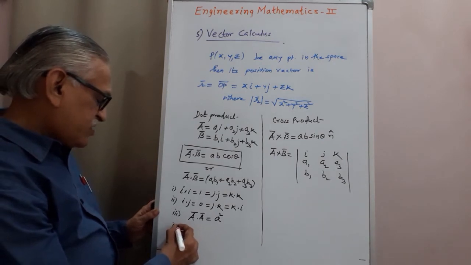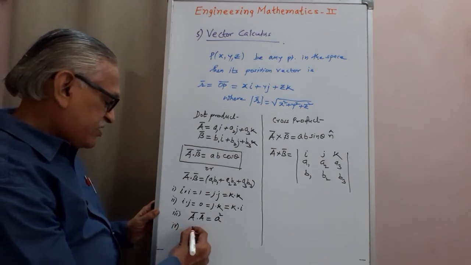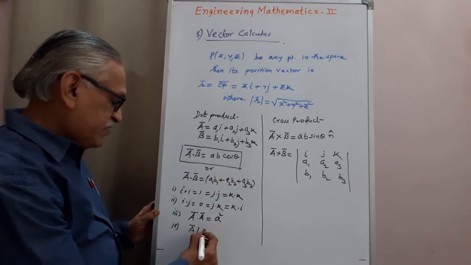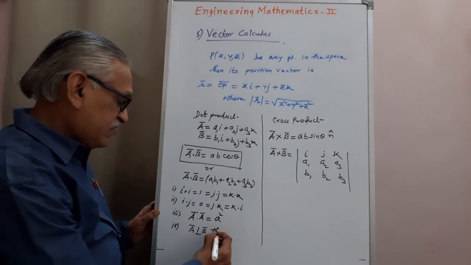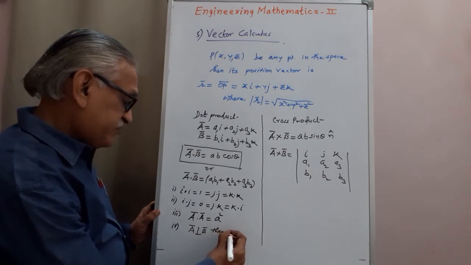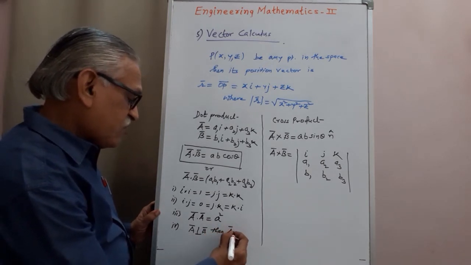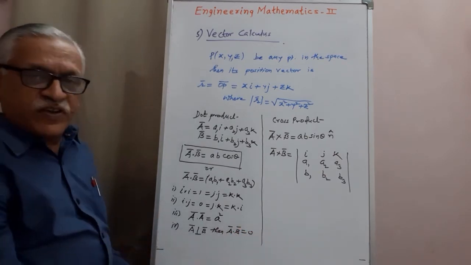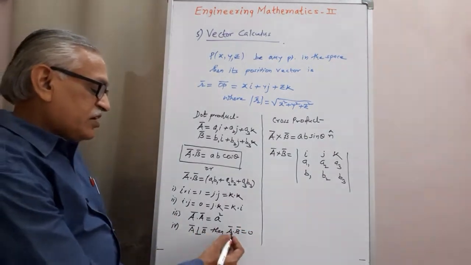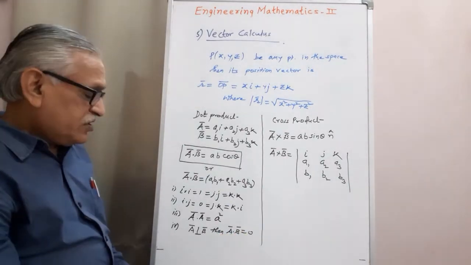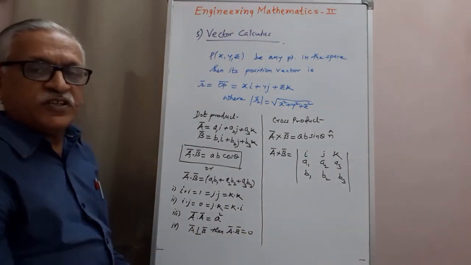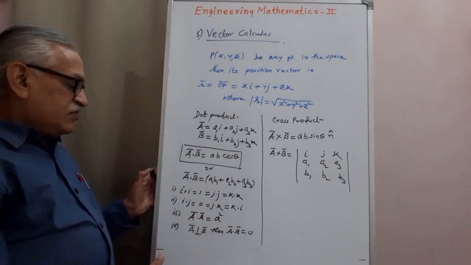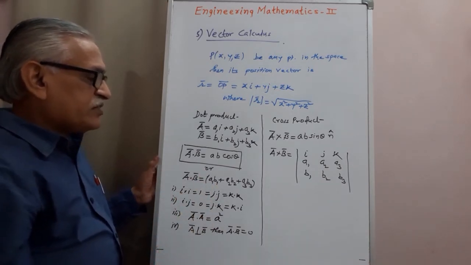And the fourth, last one: if vector A is perpendicular to vector B, then the dot product of the two vectors is 0. We can also go the reverse way. If the dot product of the two vectors is 0, then the two vectors are perpendicular to each other. These are the important properties of the dot product.